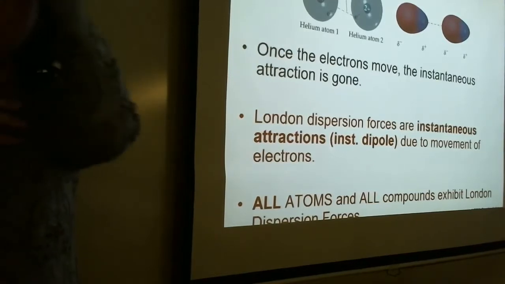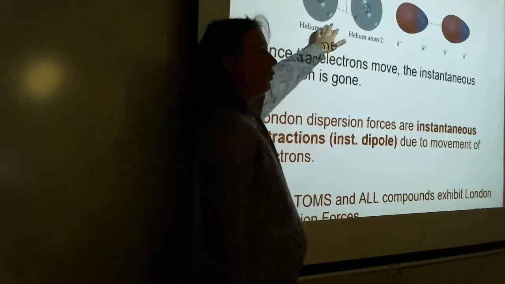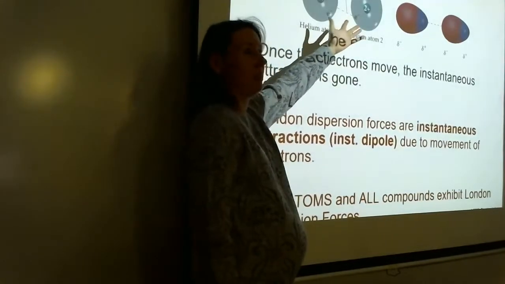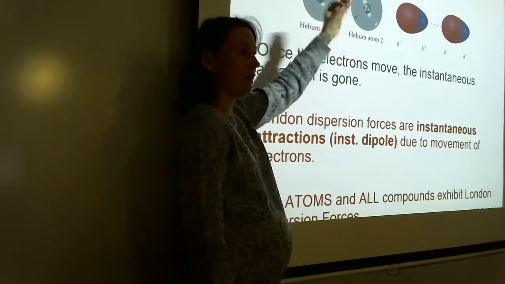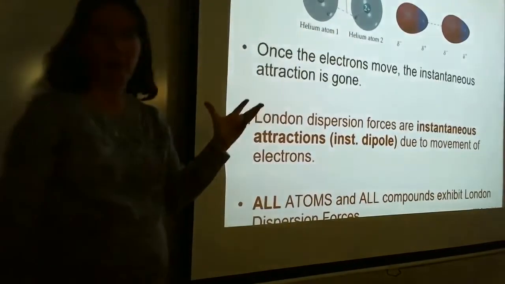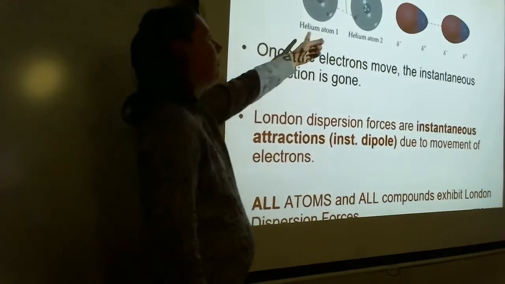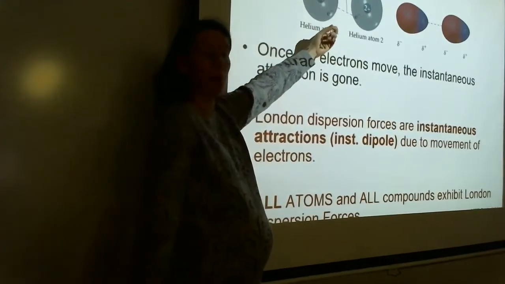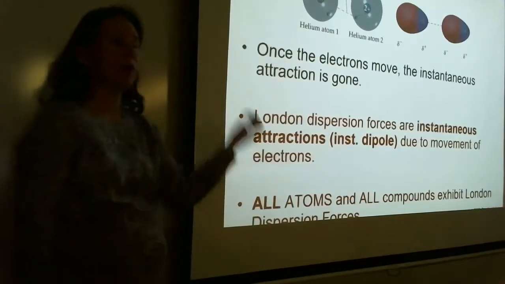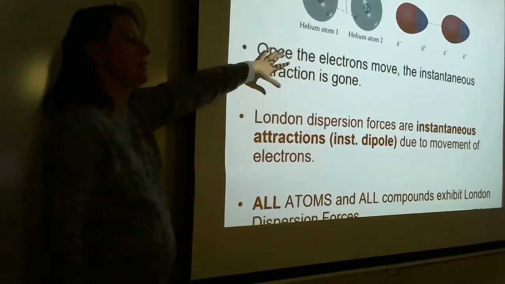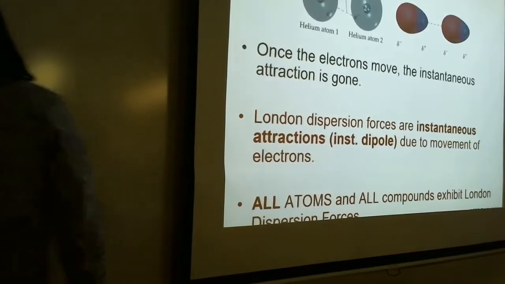Now, London forces can be extremely weak. For instance, in helium, the London forces are going to be really, really weak because there are only 2 electrons to play with, right? But let's pick a bigger atom. Let's pick uranium. Uranium's got 92 electrons. Would it have a higher probability of this? Sure, because you've got more electrons. As you increase the number of electrons, you increase the probability of having these instantaneous dipoles. And the word we use to describe that is called polarizability.